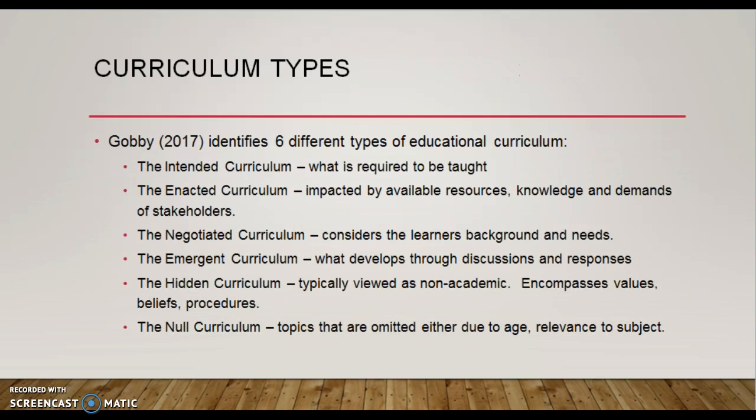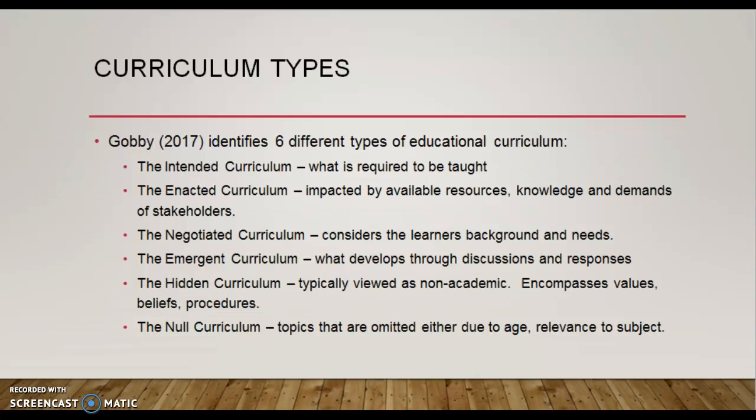I also looked at Gabi, and what I found interesting is that Gabi identified 6 different types of educational curriculum. And I found this very interesting. The first type Gabi identified was the intended curriculum. And as I read about this particular type, I realized that's pretty much probably what most educators in Alabama do, because this is what's required to be taught.